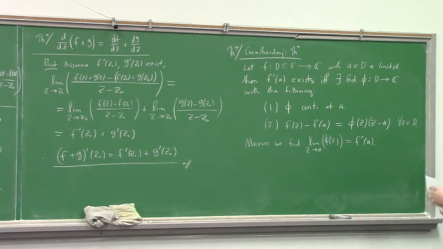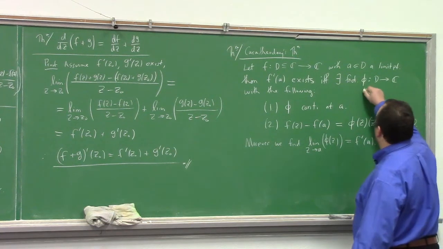So not only is phi continuous at A, the value of phi at A is the derivative. And the name for this phi is the difference quotient function.